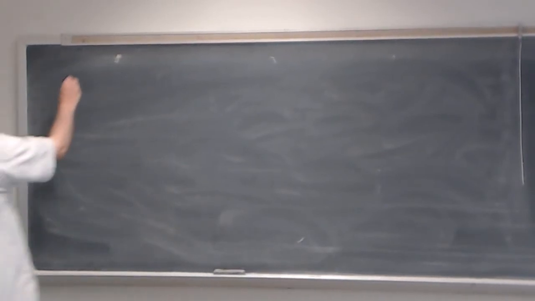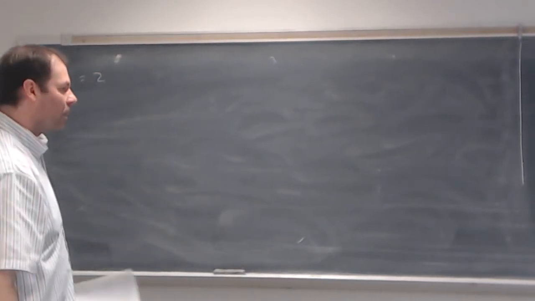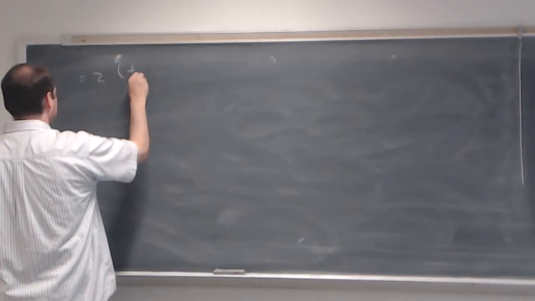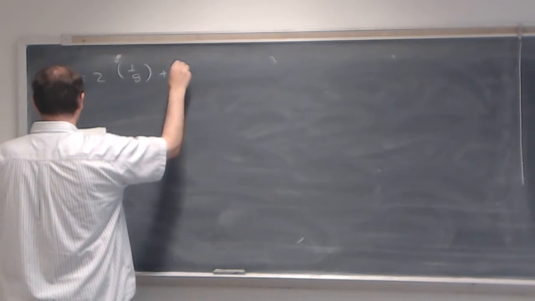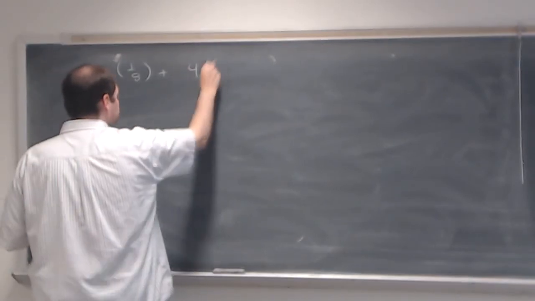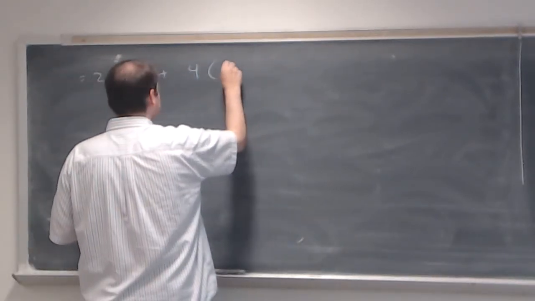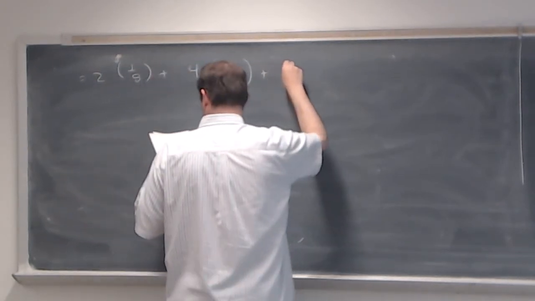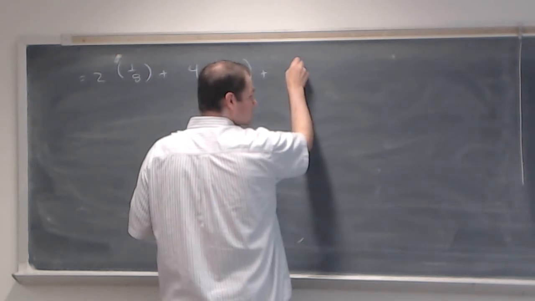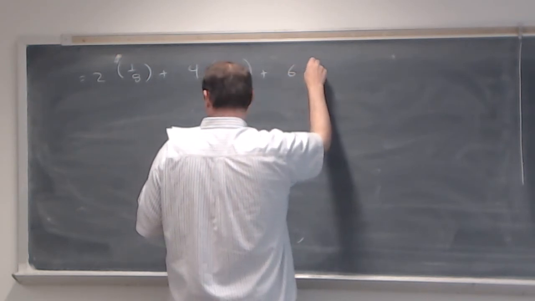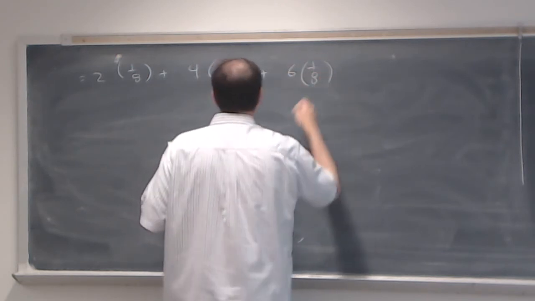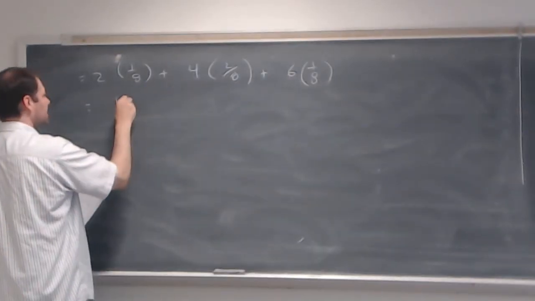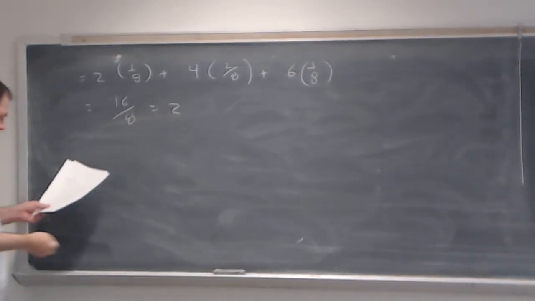We get that this is equal to 2 times 1/8, plus 4 times 2/8, and then 6 times 1/8. That ends up being 2, 8's 10, 16 over 8, which is 2.